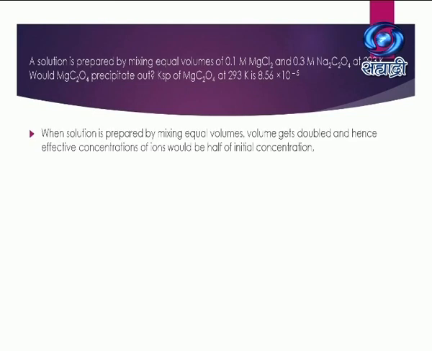When a solution is prepared by mixing equal volumes, the volume gets doubled and hence the effective concentrations of ions would be half of the initial concentration. This point is quite important. When we increase the volume, concentration decreases. We saw the relationship between volume and concentration as C is proportional to 1 upon V. So if volume is doubled, concentration becomes half.